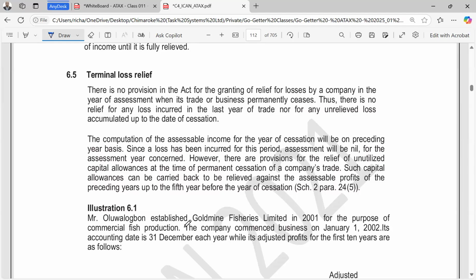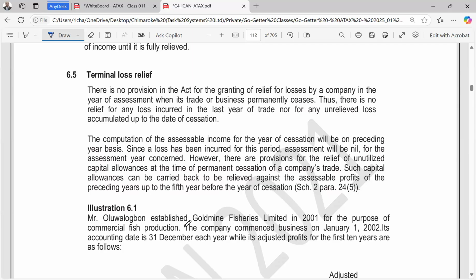So what it means is that you relieve as much loss as you can. And the remainder, if you finish relieving losses, can be used for capital allowance. If all the income is taken over by losses, good and fine, capital allowance will swallow its pride and carry it forward. Capital allowance will just be enduring, praying, oh God, let there be enough profit to relieve the loss so that I can start enjoying my dividends.